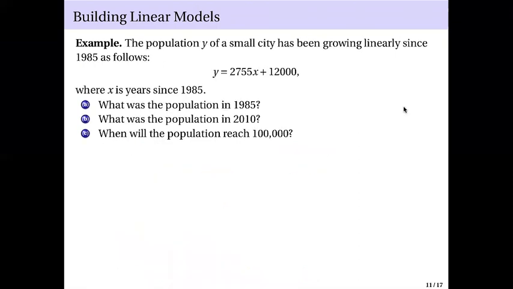Next problem here. The population Y of a small city has been growing linearly since 1985 as follows: Y equals 2,755x plus 12,000, where x is years since 1985. So what is the population in 1985? What was the population in 2010? And the third problem is, when will the population reach 100,000?